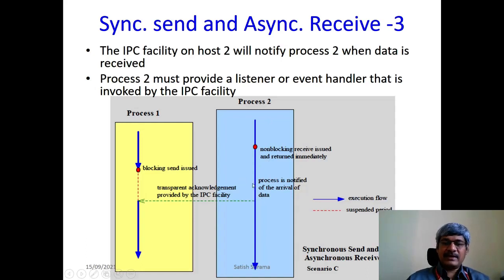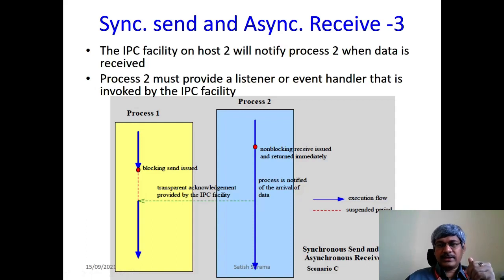Then the data is collected by process 2, and a transparent acknowledgement is sent back to process 1 by the IPC facility. In this way, again, process 1 will not end up blocked. But in this case, process 2 must implement some sort of listener or event handler that is invoked by the IPC facility. The process has to provide a listener or event handler, or else how would the IPC facility communicate with it or notify it about the data having arrived?